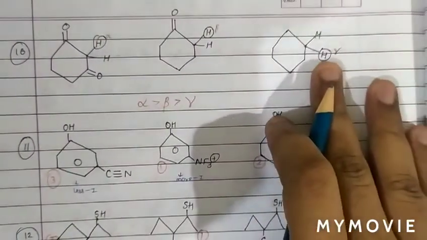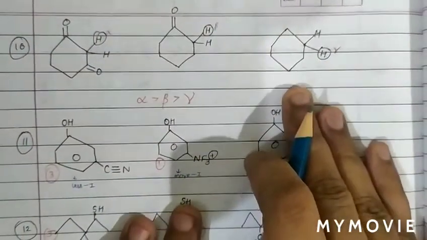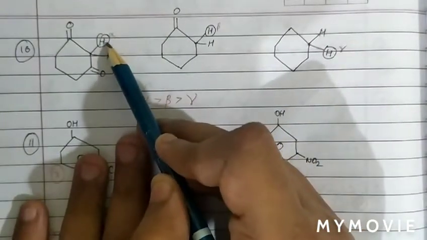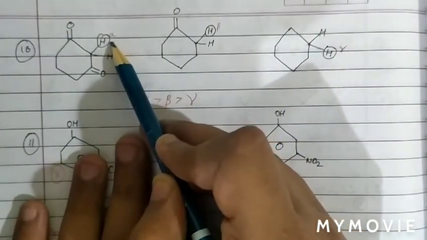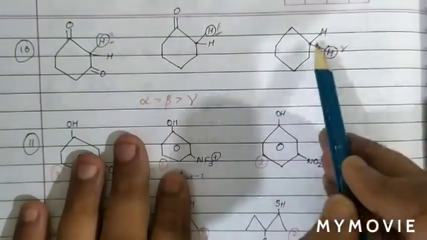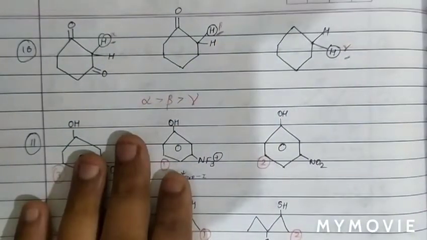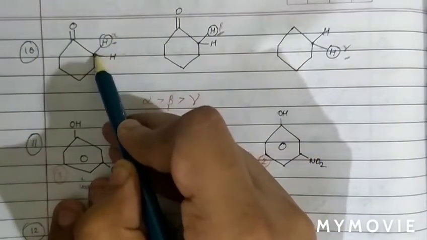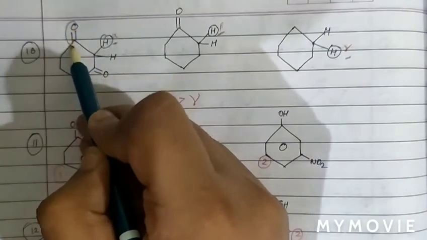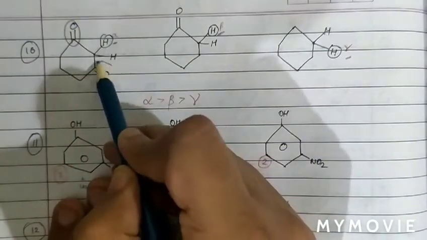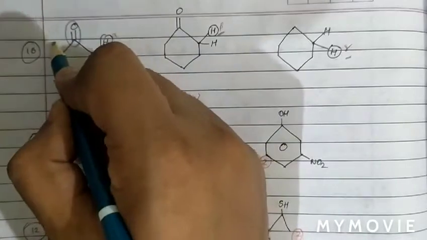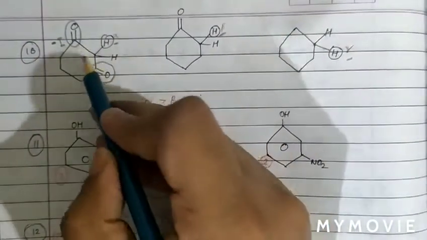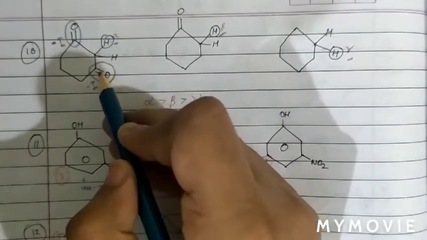Now see the next comparison of acidic strength. Basically in this question we have to compare the acidic strength on the basis of identification of alpha, beta and gamma. As we can see, here the alpha hydrogen is surrounded by 2 minus I groups. C double bond O is basically a minus I group, and we know a minus I group increases the acidic strength.